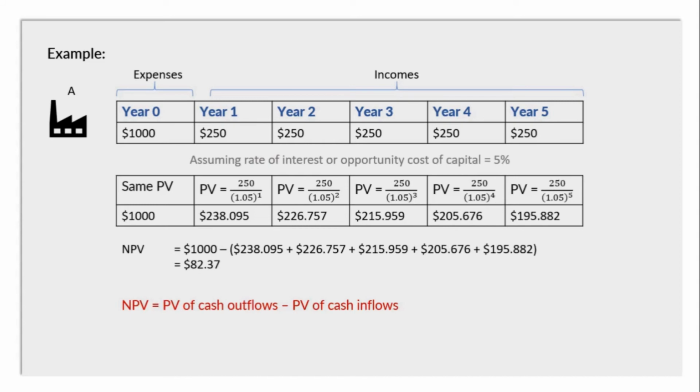So basically, net present value is present value of cash outflows minus present value of cash inflows. In this case, $1,000 is cash outflow and all the incomes are cash inflows. But remember, a cash outflow can also occur in later period. So we have to bring that cash outflow to present value also.